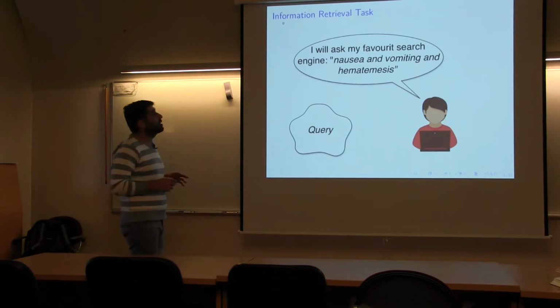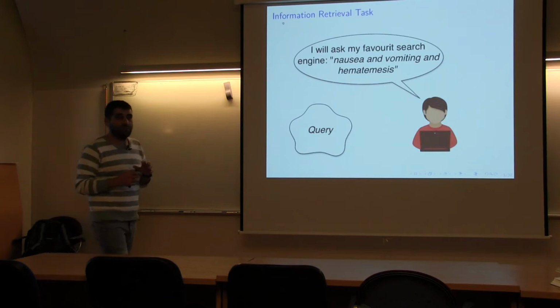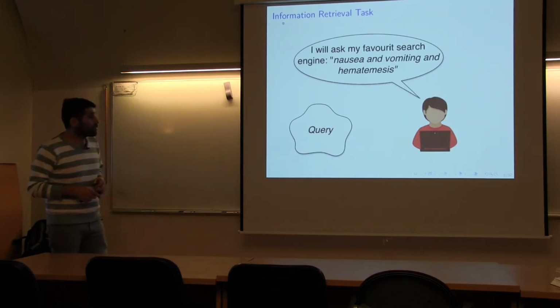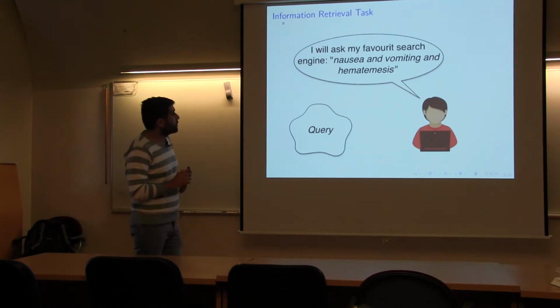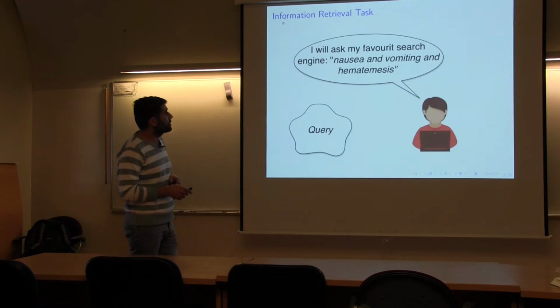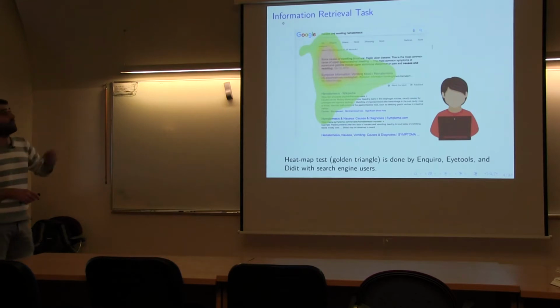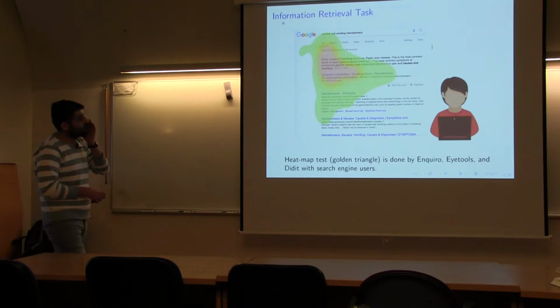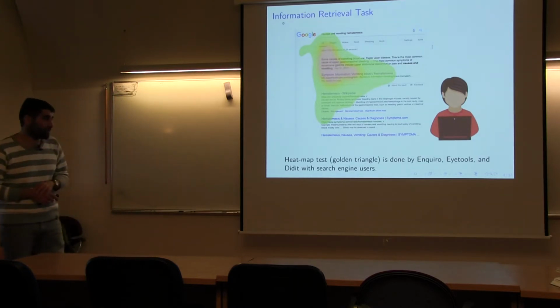So query is the technical term for the text that we type in the search engine when we want to find some information. Now I will go to Google as an example here, and I will type my query there, and I will get some results.